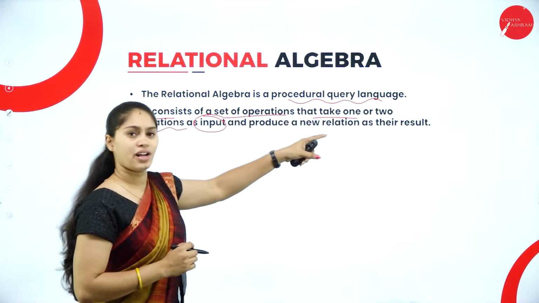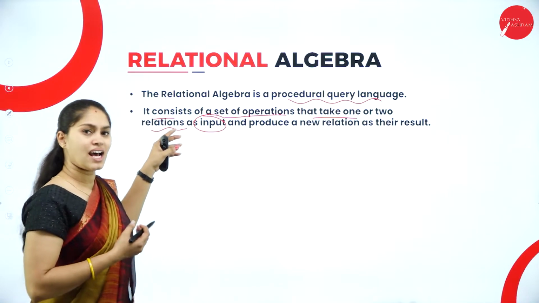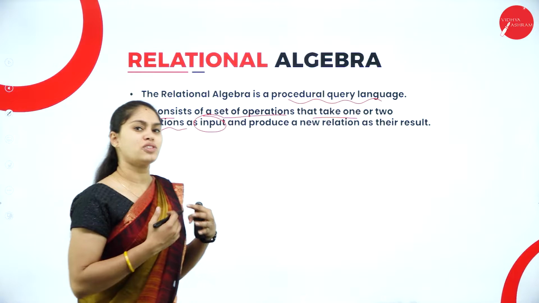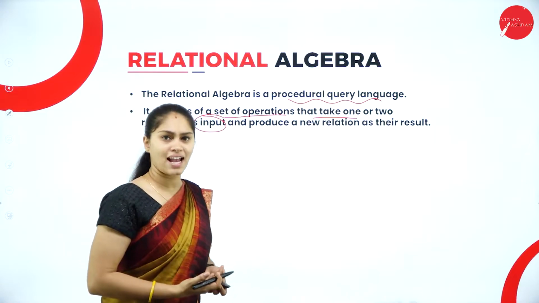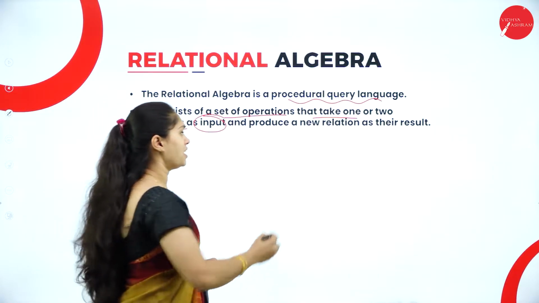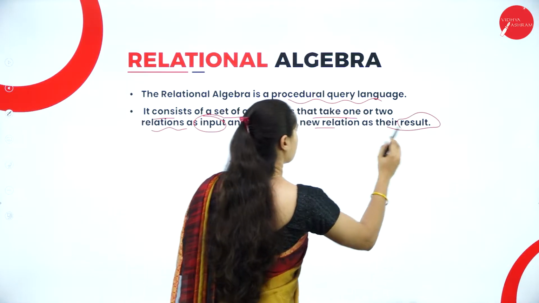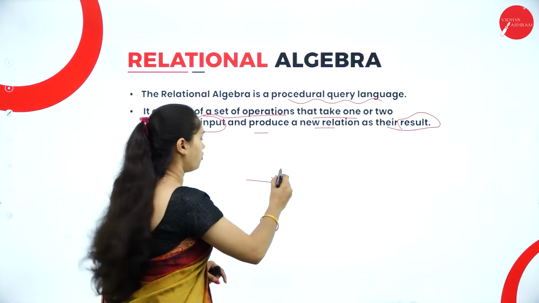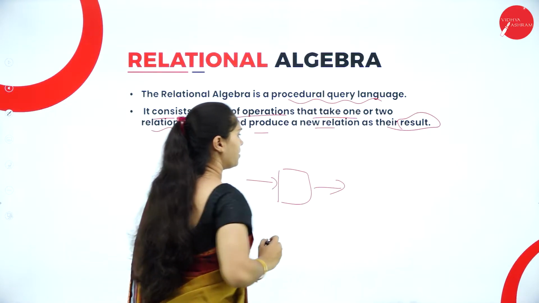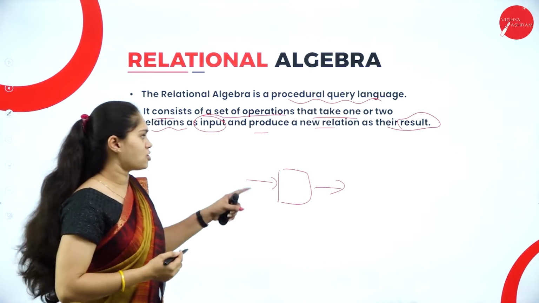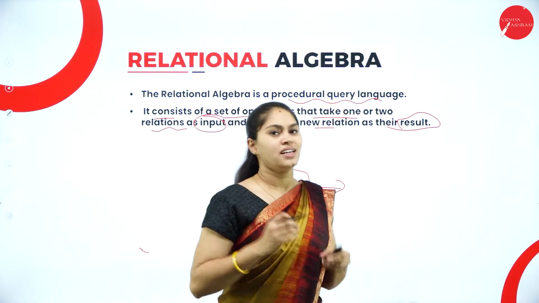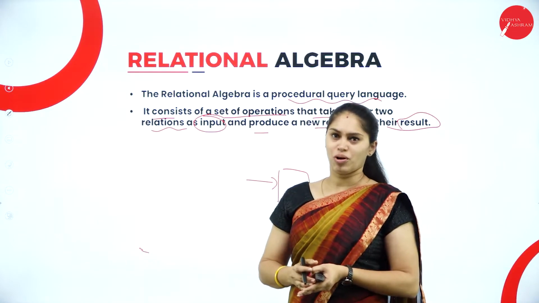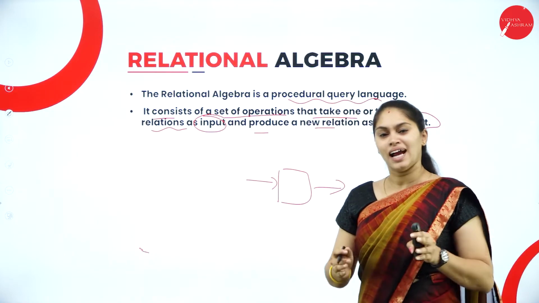One, two, or more relations. After doing some operations or calculation, it will produce a new relation as the result. So you have to understand one thing: relation is the input, and after processing, the output or resultant will also be a relation. That is, a table is the input and the result is also in the form of a table. It's not a table, it's a relation.